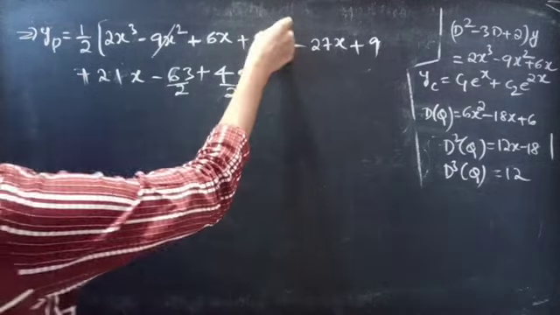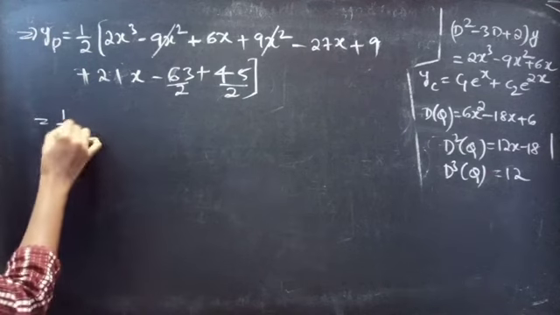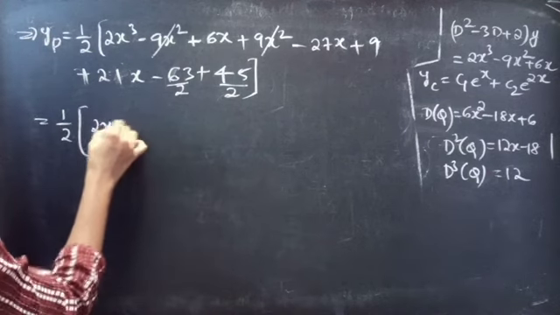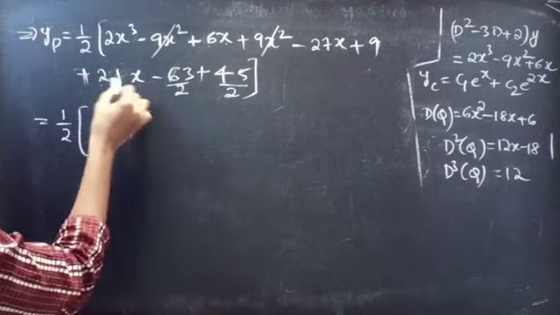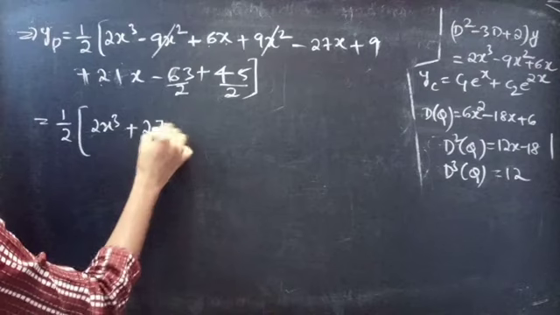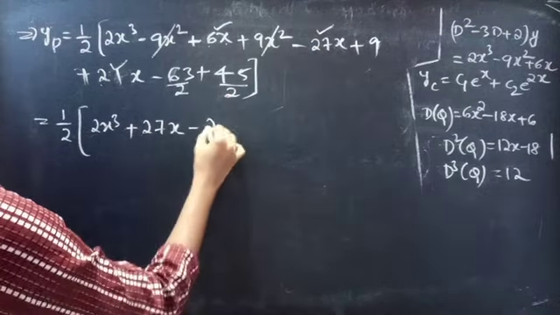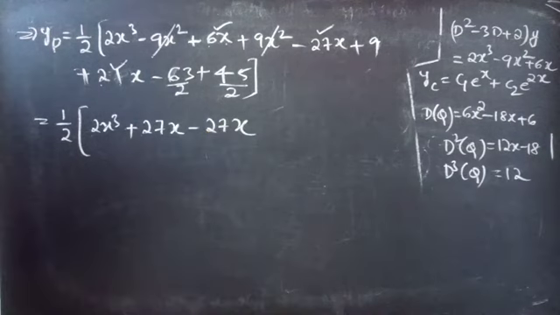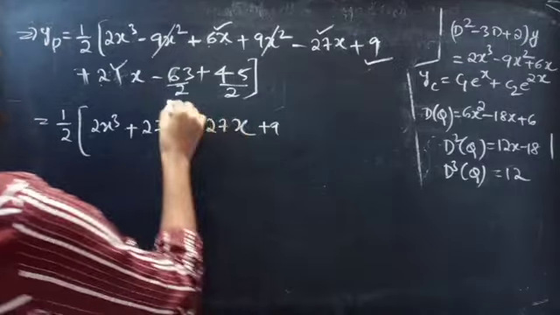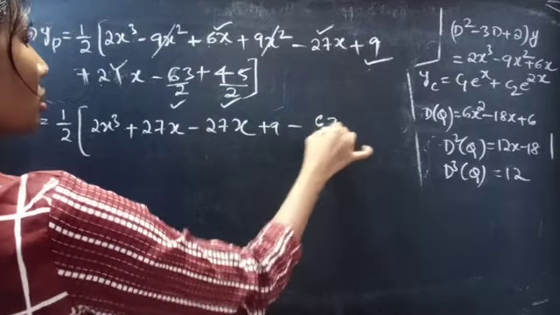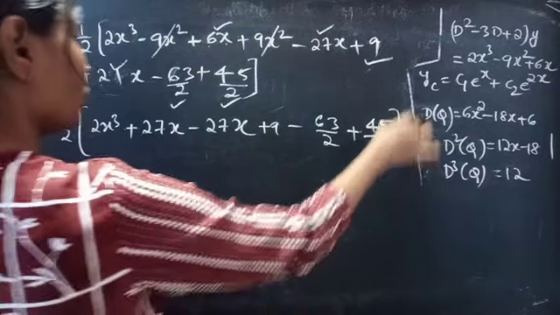Minus 9x square plus 9x square gets cancelled and you'll get 1 by 2 into 2x cube plus 6x plus 21x is 27x, minus 27x, right, and plus 9 minus 63 by 2 plus 45 by 2.